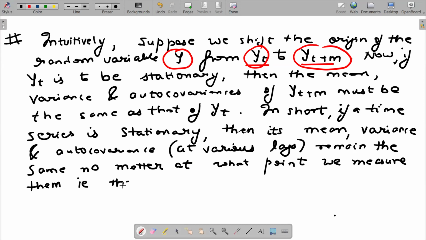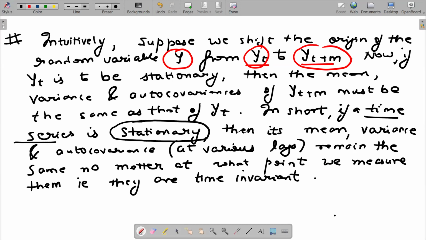That is, they are time invariant. When I talk about a stationary time series process, the mean, variance, and the covariances at various lags are always going to remain constant, no matter at what point you measure. They are not influenced by time. The mean, variance and the autocovariance are independent of time.